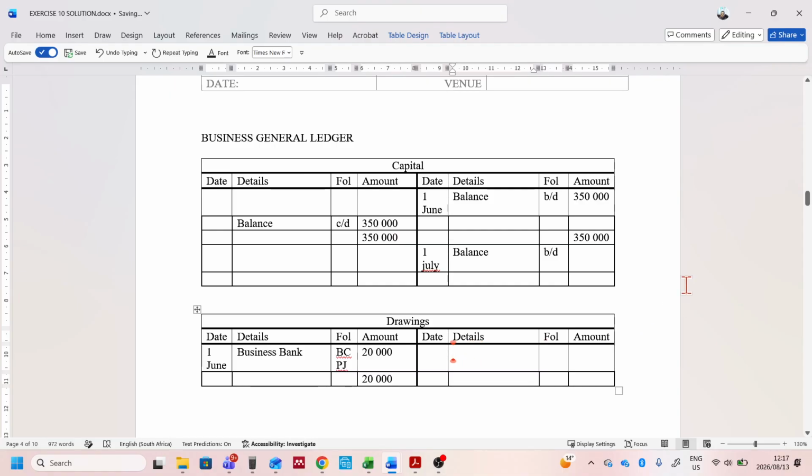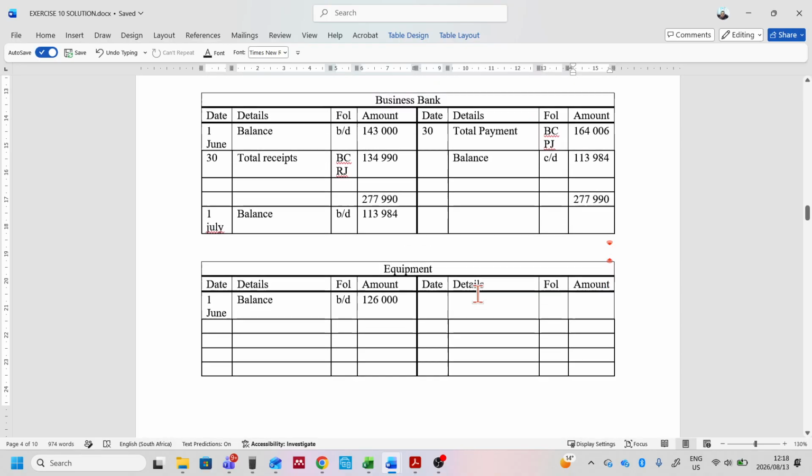I'll explain this when we get to the trial balance, to say how do you apply this when it comes to the trial balance. The reason I'm explaining this is so that you understand what is on your memorandum. On your memorandum, they went and debited your capital account. So we are done with the bank.